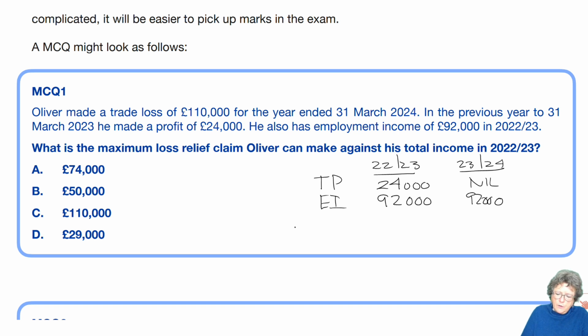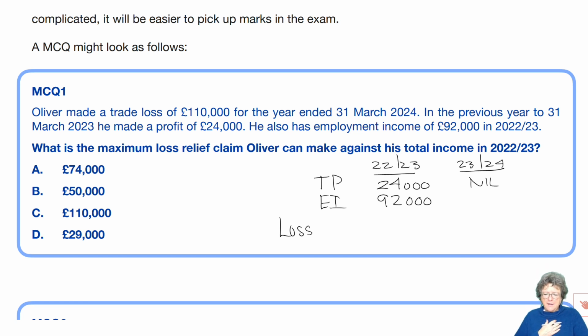Okay, so we are going to do loss relief. This year would be a current year claim. Let's have a look at that. It would help if I read the question carefully, wouldn't it? Because there isn't any in there. Helps if you read the question carefully. I've been telling you that, haven't I? And I'm not doing it myself.